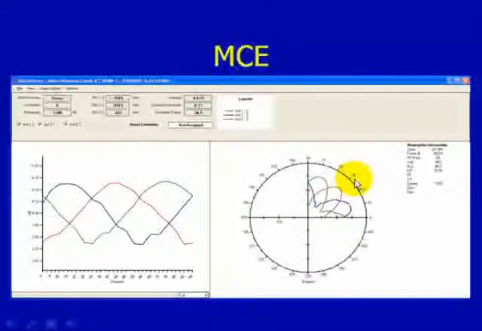The MCE portion of our MC Emacs provides us with this rotor influence check, which is a graphical representation of the magnetic coupling between the rotor and the stator. The residual magnetism of the rotor interacts with the high frequency signal applied to the stator. So essentially, what are we doing here?